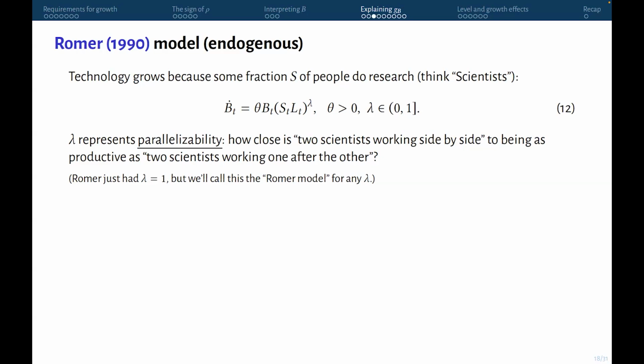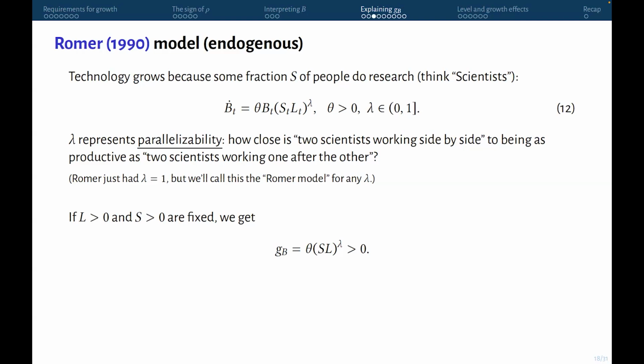That's the Romer model. And because B dot, these new ideas, grow in proportion to the research inputs, the S L, people that are doing research, and then they're augmented by B, the growth rate of B, g_B, is going to be constant for a fixed population and a fixed share of people doing research.